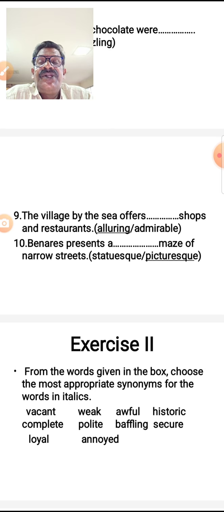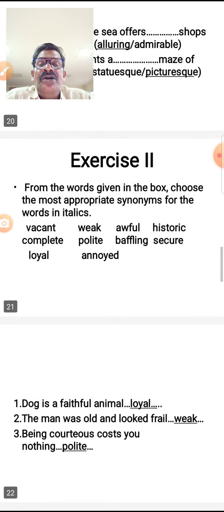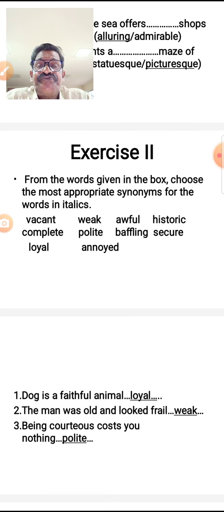Then next, the 10th one. Banaras presents a dash maze of narrow streets. There should be picturesque. Banaras presents a picturesque maze of narrow streets. Now, in the textbook, exercise 2 follows.